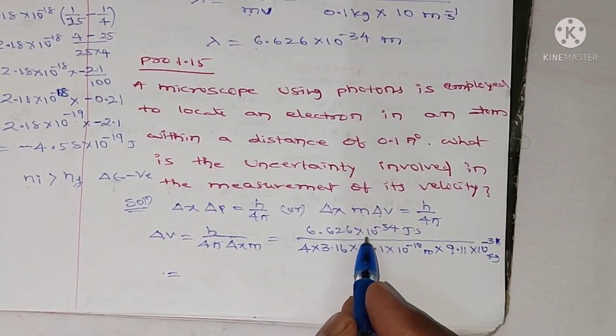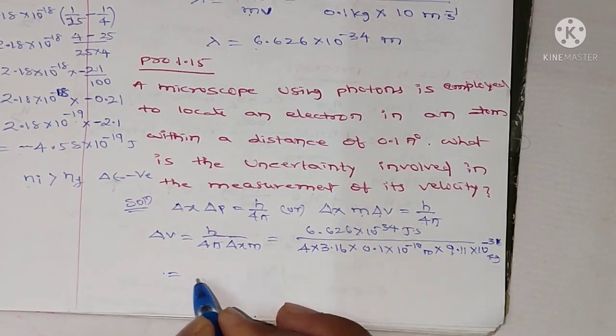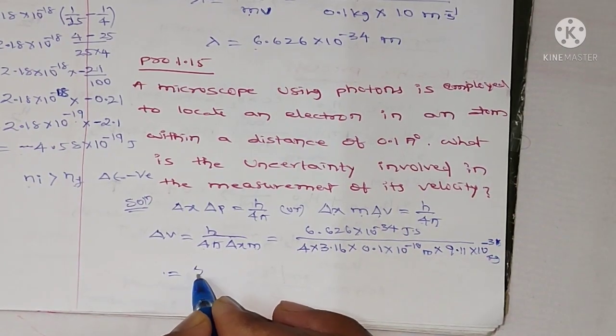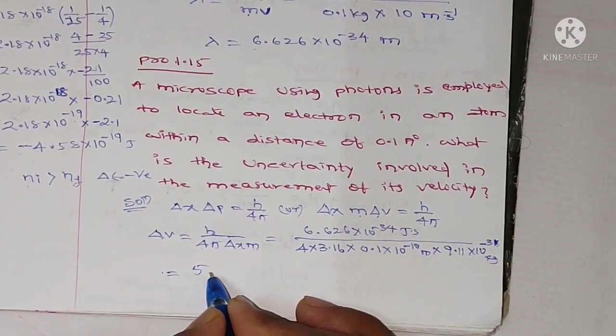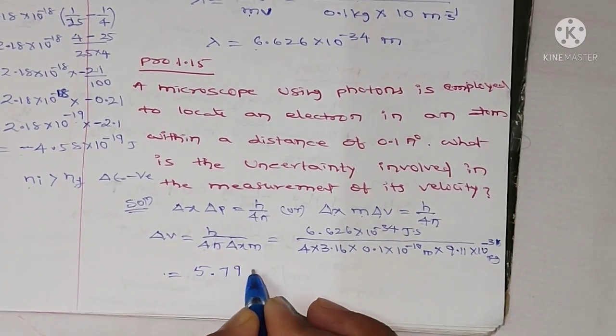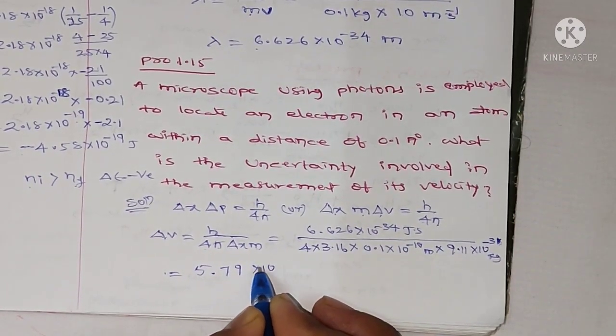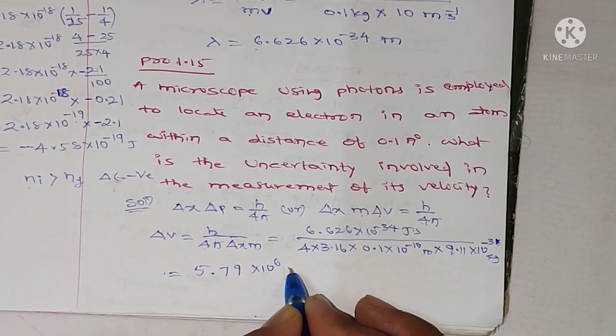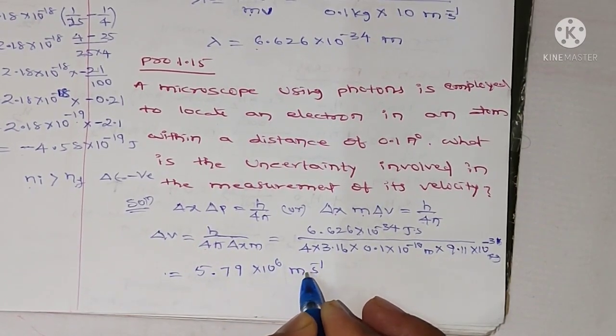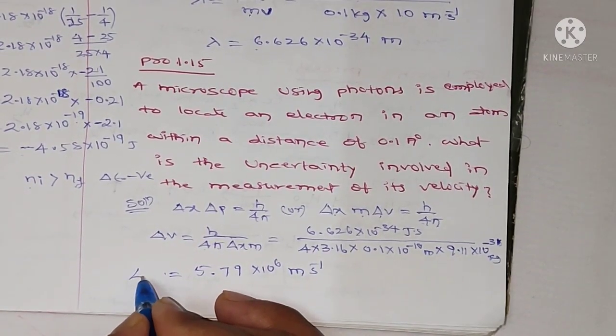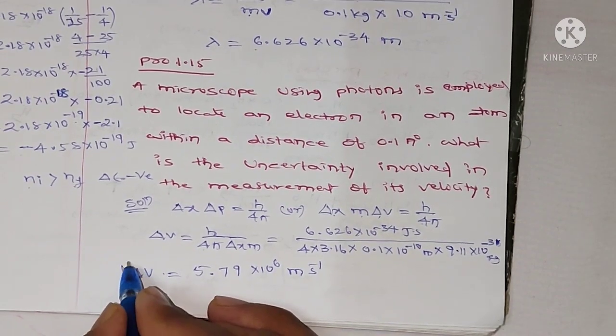If you do this calculation, we will get 5.79 into 10 to the power of 6 meters per second. So this is the uncertainty in velocity.